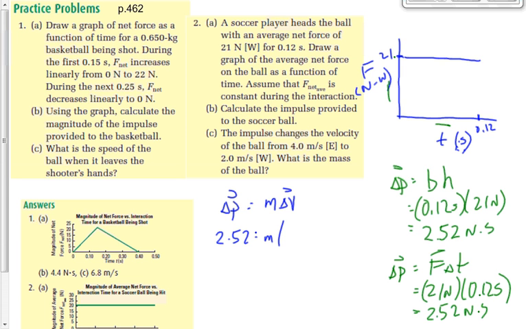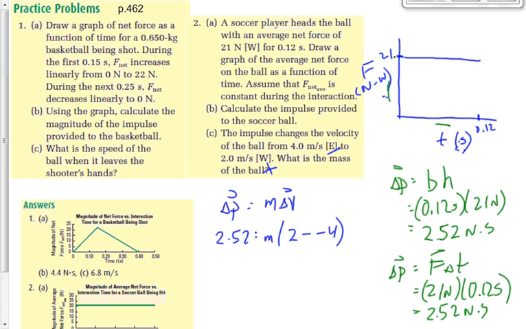Yeah, vf minus vi. Now, the way that I've set this up, you've got to be careful. I've made west positive, right? So this would be positive, this would be negative. I would say 2 minus negative 4. It works out the other way too, right? Because you just say 4 minus negative 2.